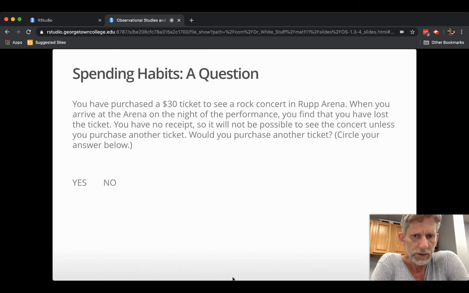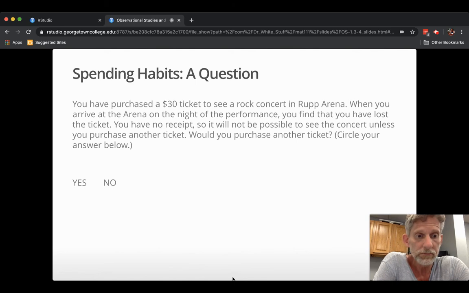You don't have a receipt, and you forgot whatever URL on your iPhone might lead you to some proof that you've already bought this ticket. So it's not going to be possible to see the concert unless you purchase another ticket. You've got credit cards and things like that, so you could purchase the ticket. Would you purchase the ticket? And you just circle your answer, yes or no.